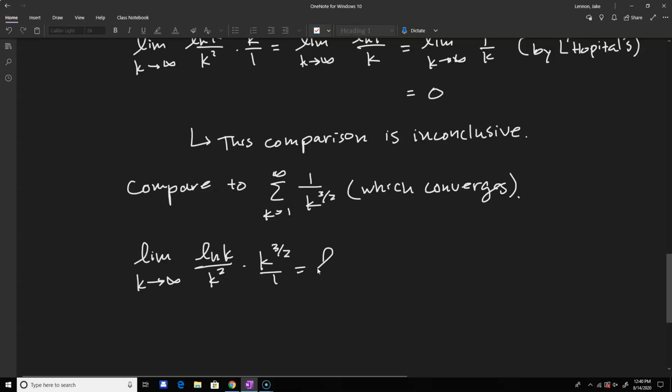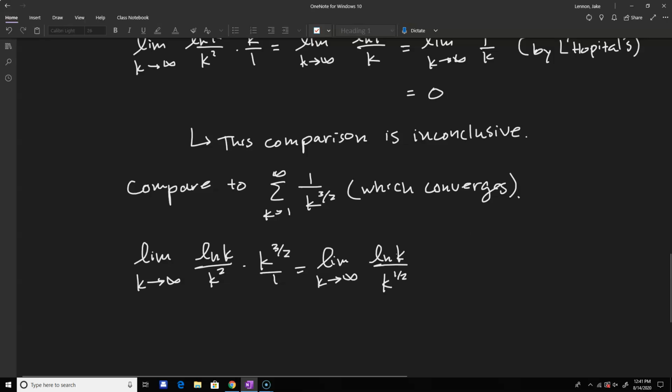So now this is actually leaving us with a little bit nicer limit in terms of evaluation because we've now got natural log of k on top, and on bottom we've got k to the 1/2. And the reason it's a little bit nicer is because k squared converges, but it was almost too big because when we took the derivative, we got something that was still larger and ended up making the limit go to 0. Now let's watch what happens.